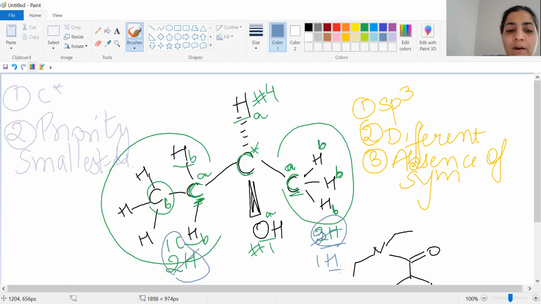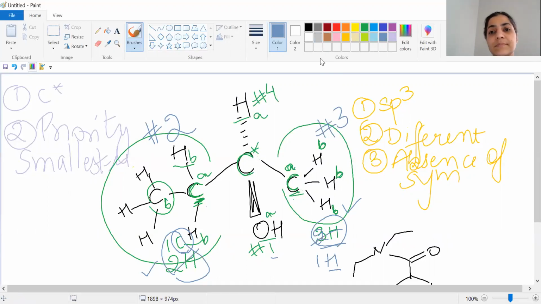What is left is 1 hydrogen and 1 carbon. So the carbon, because of its higher atomic mass, will take more precedence. And hence, if you compare these 2 groups, this particular group will get more priority. So we have already assigned number 1. This group will be number 2. This group will be number 3.